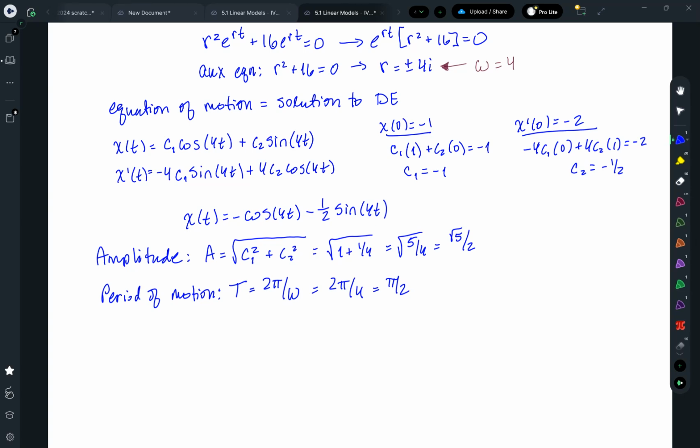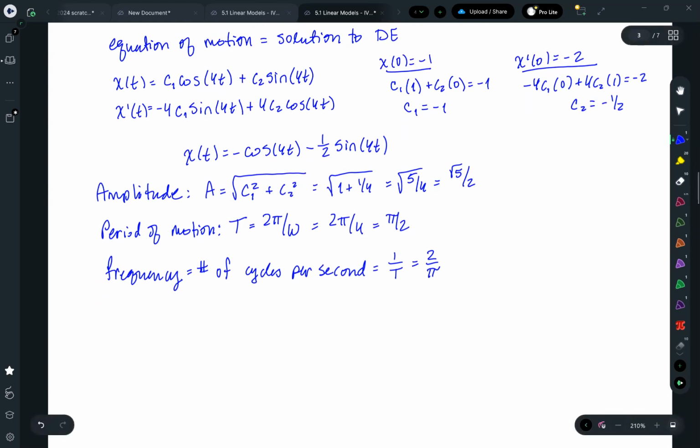So the frequency is equal to the number of cycles per second. And that's equal to 1 over T, which is equal to 2 over pi. So that's how many cycles we would get in a second.